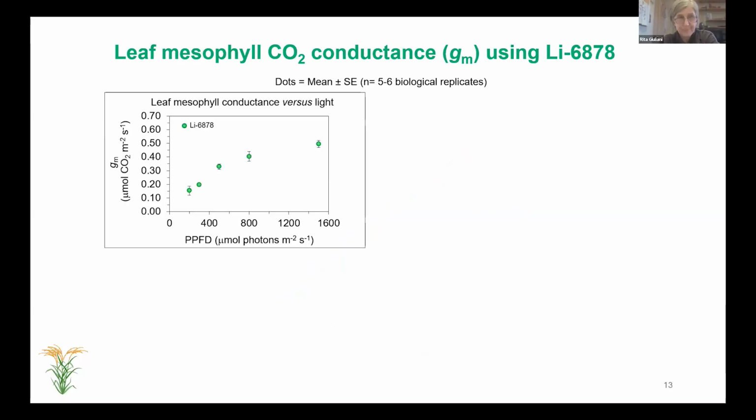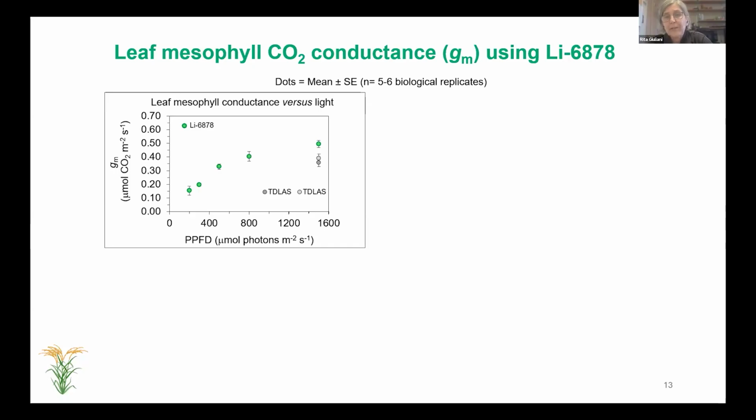And here we have the absolute values we determined with the new tracer for the mesophyll CO2 conductance over several light levels. Again, we see low variability in the data. We have 6 biological replicates, so high precision.